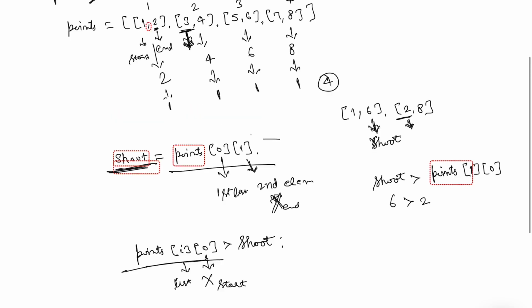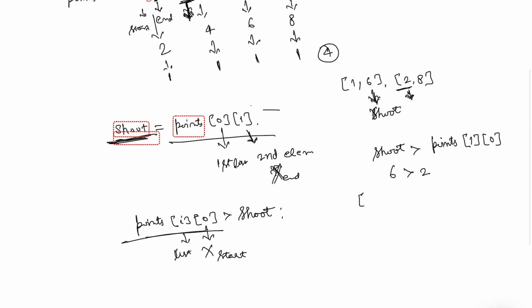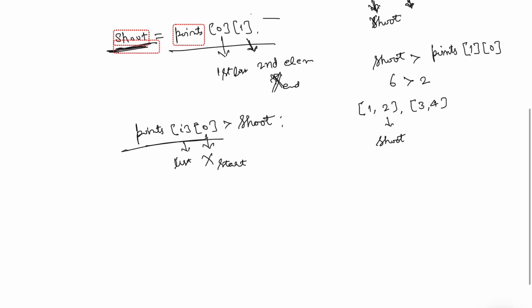But if we take here like this, 1 2 and 3 4, so here shoot is 2, so in this case is shoot greater than points[1][0]?